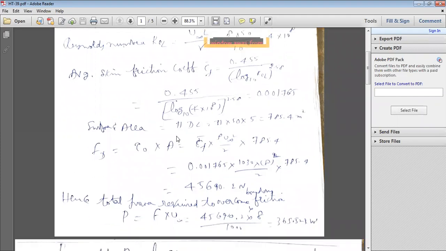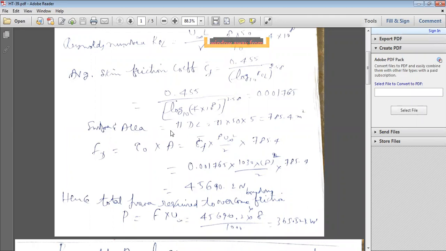Next, while calculating the frictional drag force, you require shear stress into area, the surface area. So calculate the surface area. How do you calculate the surface area of the cylinder? Because here the submarine is in cylindrical shape.